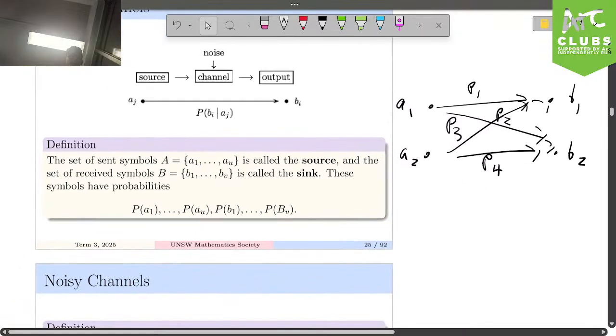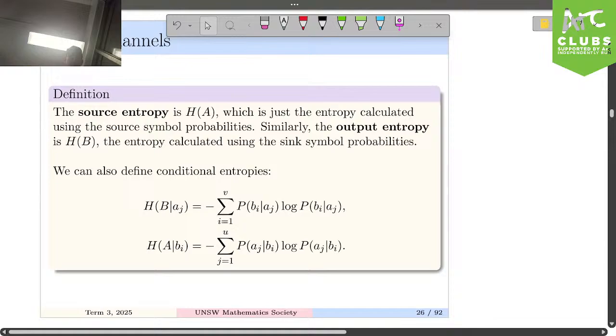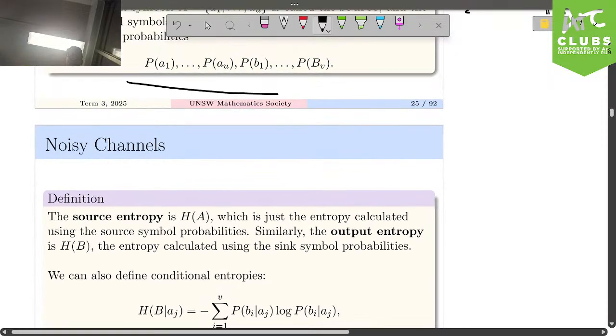P3. And you are given the probabilities of such events. So what we're going to be looking at again, using the entropy now, we have first of all the source entropy, the HA, which is the entropy calculated using just the source probabilities, which we spoke about on the previous slide.